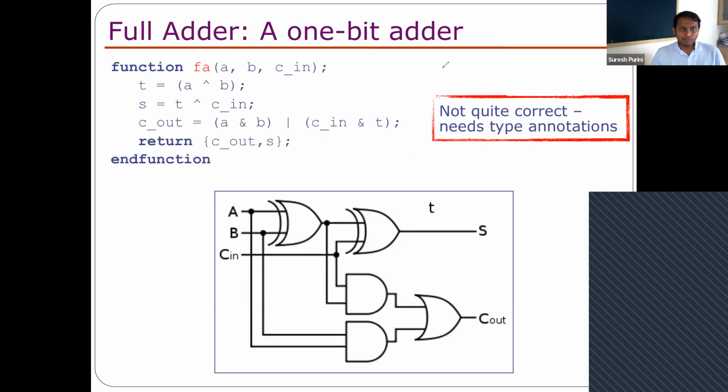Yeah. So now I would like you to take a look at what happens at the hardware level. In your digital logic course, you would have studied a full adder circuit.